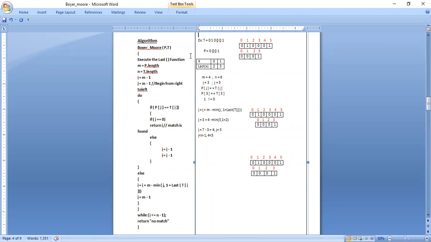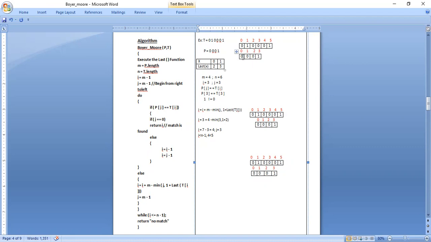First of all, we need to execute the last function. That means we are supposed to find the last occurrence table. How many distinct characters are there in my pattern? Only two characters: 0 and 1. What is the last occurrence of 0?